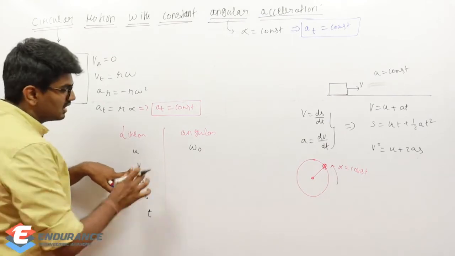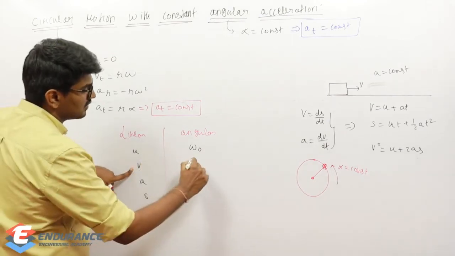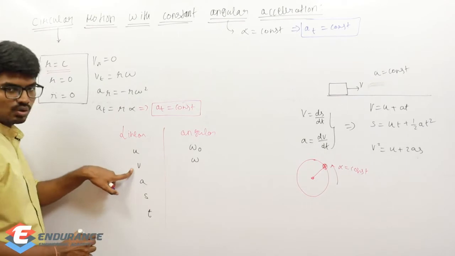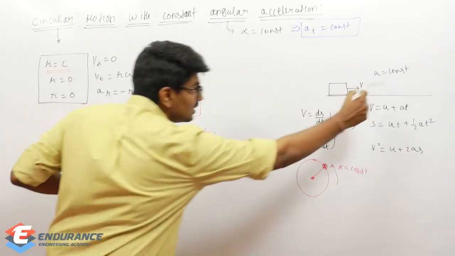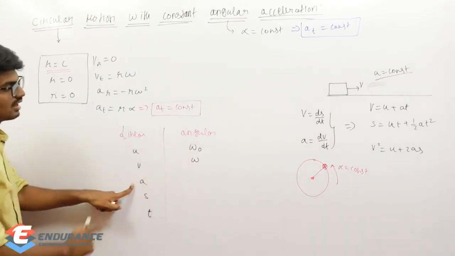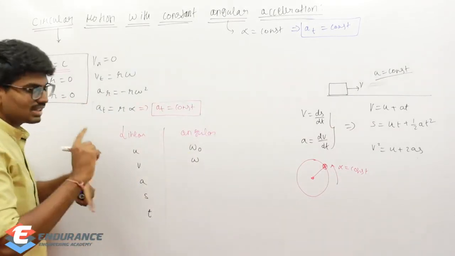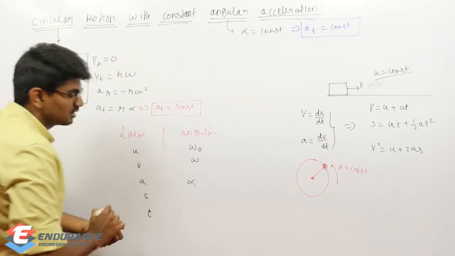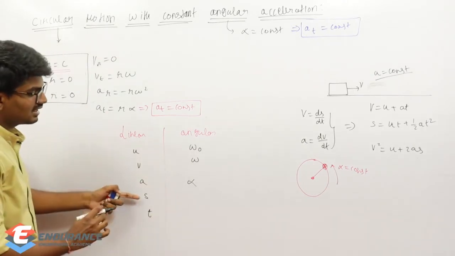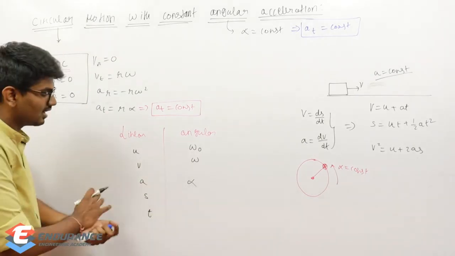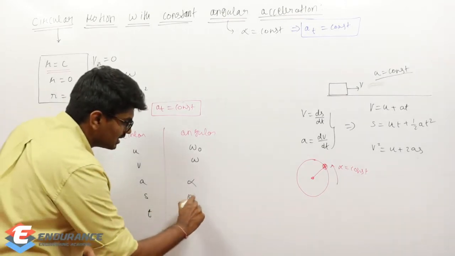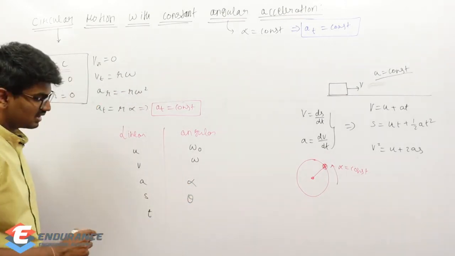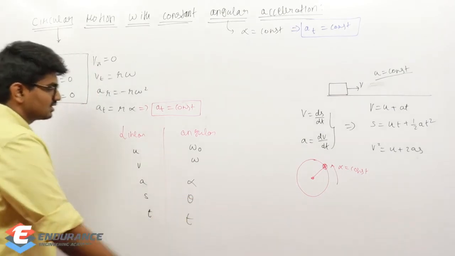Instead of final linear velocity, final angular velocity, let it be omega. Here linear acceleration is constant; in the angular case, it is angular acceleration which is constant. S is the displacement, and in the angular case it is theta, which is angular displacement. And time will still remain as time only.